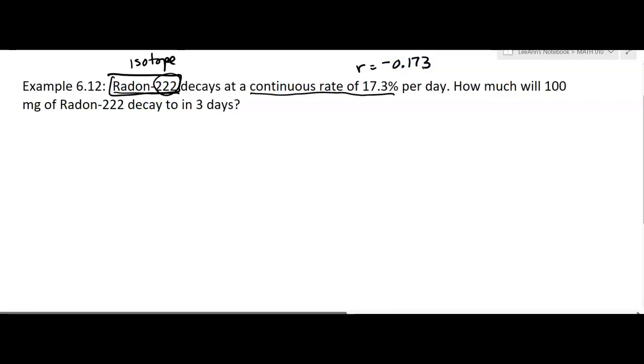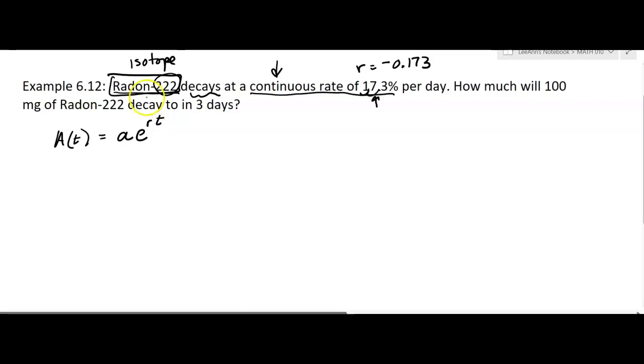Okay, so think about how we're getting that negative number because it's decay, and you have to change the percentage to a decimal number, so move the decimal 2 places, 1, 2, and so you get negative 0.173 for the R. Because it's continuous, we're going to be using that continuous decay model. So A of t is equal to the initial amount, E to the RT. And we know the rate. We've got that so far.